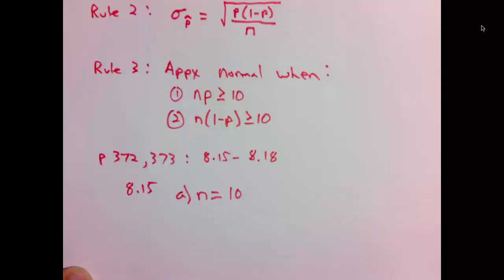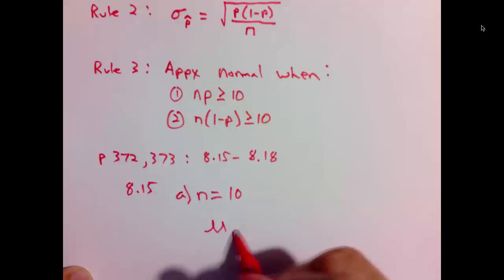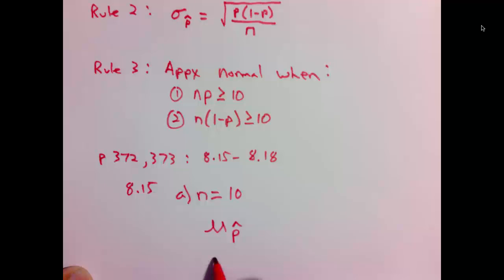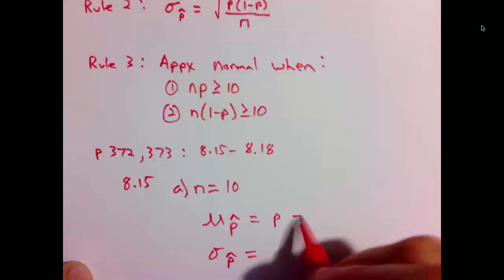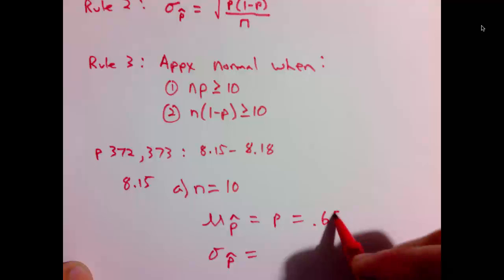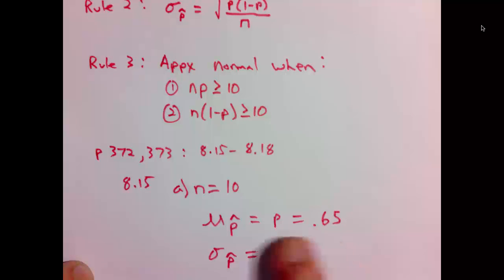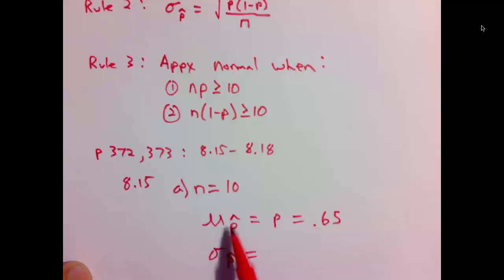What is the mean of p hat, and what is the standard deviation of p hat? Well, the mean of p hat is equal to p, and they tell us in this situation for all of these it's 0.65. So on all of A through F here, the mean of p hat will be 0.65.